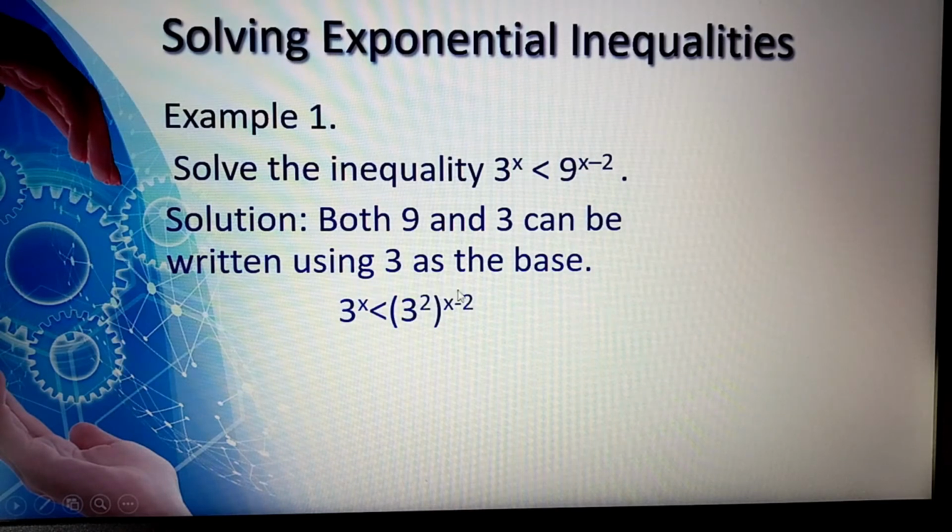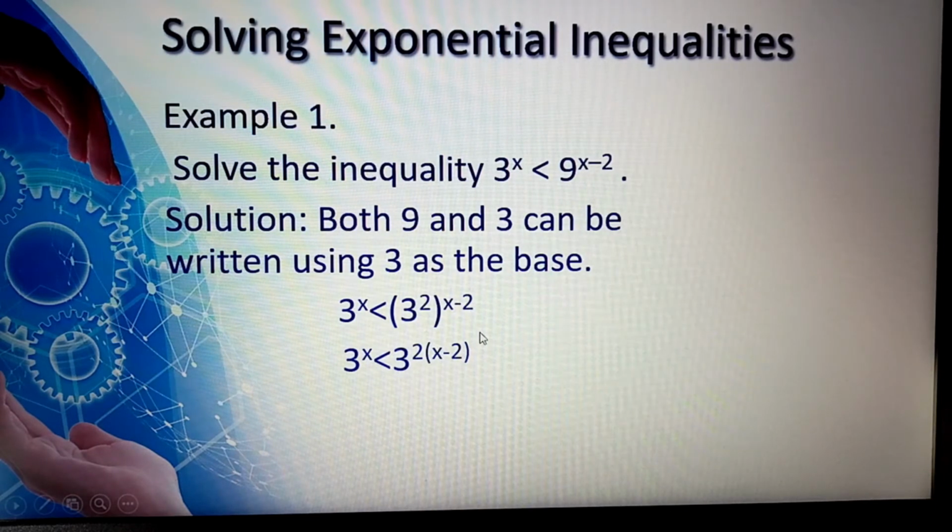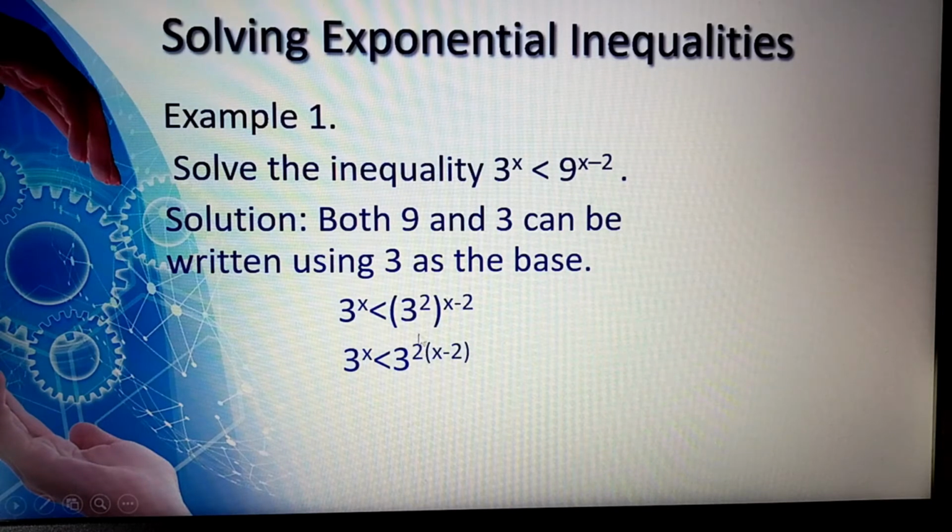So in this situation, their bases are now the same. Then we can use the law of exponents. Instead of 3 squared, the exponent 2 can be operated with the other exponent. So what happens now is proper distribution. So, 3 to the x is less than 3 to the 2 times the quantity x minus 2.